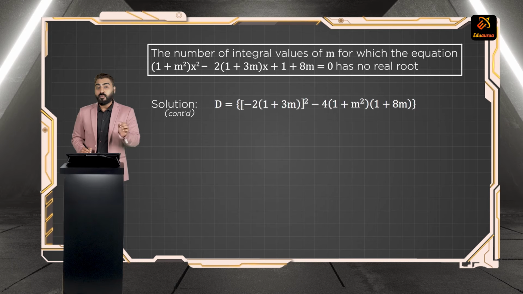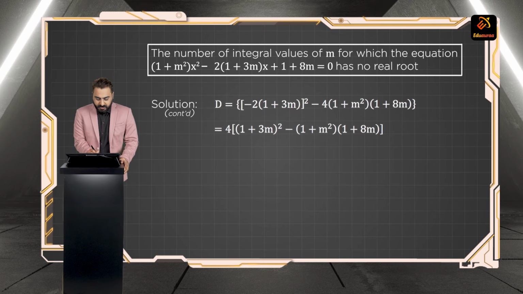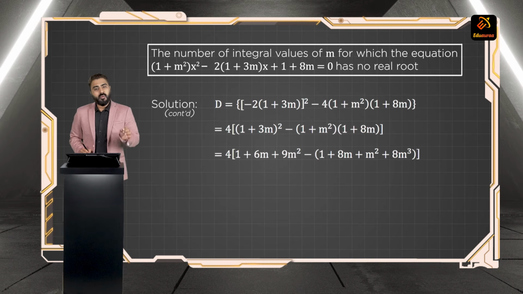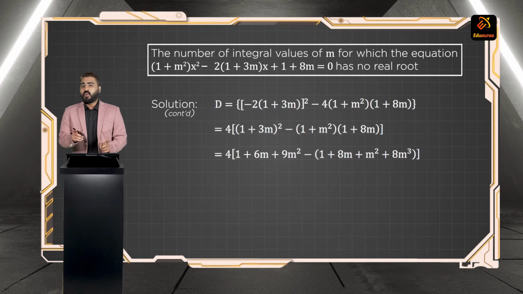So let's take this 4 out. When we take this 4 out, we get 4[(1 + 3m)² - (1 + m²)(1 + 8m)]. Now students, let's expand this with the help of our basic algebraic identities. 4 into (1 + 3m)² is 1 + 6m + 9m², minus (1 + m²)(1 + 8m).